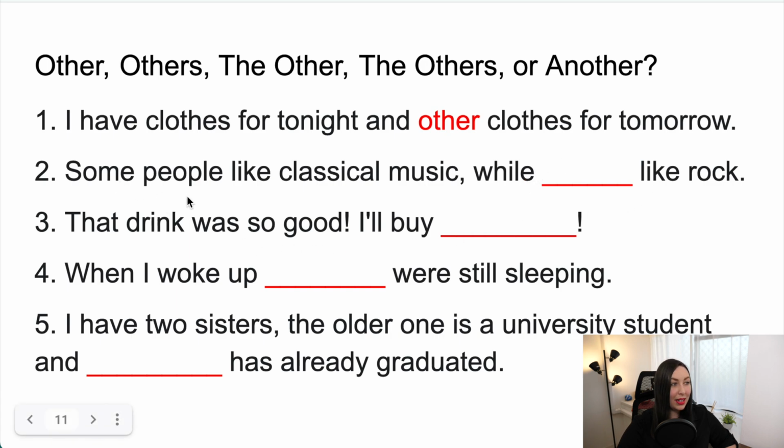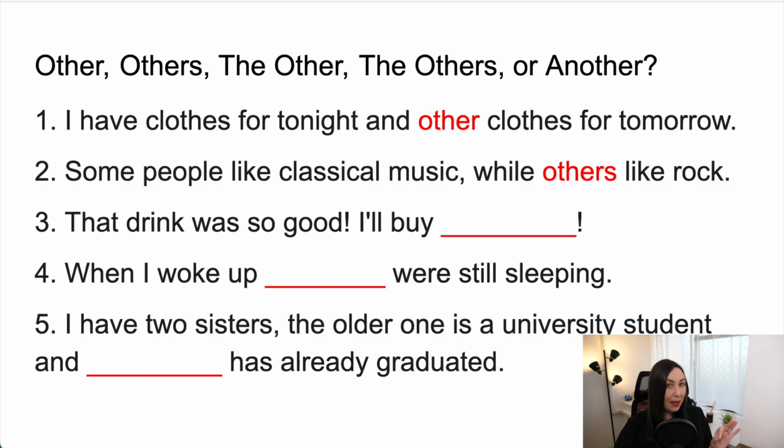Okay? So, big hint is that it's a pronoun in this sentence. Okay? So please write your answer in the comments and we'll take a look at it right now. So, the correct answer is others.